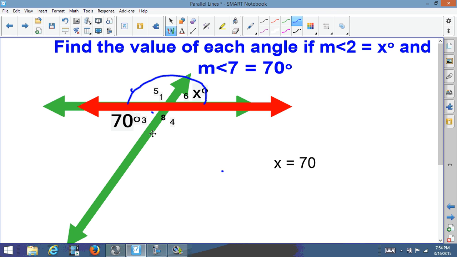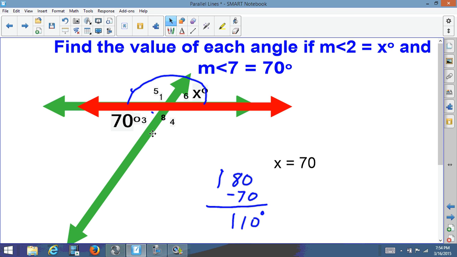So since it's 180 degrees, I can take away 70, because angle 6 is 70, and that'll give me 110 degrees remaining. So angle 1 and angle 5 would be the same measure. So that'd be 110 degrees.